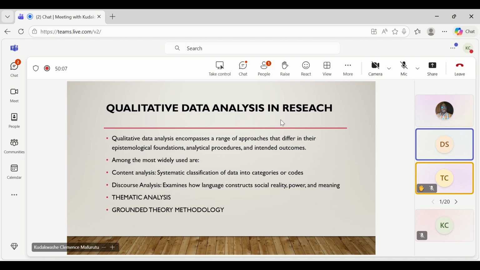This is also not to make confusion. It can also be numbered for easy and quick identification. You also have discourse analysis, where we examine how language constructs social reality, power, and meaning. Then we have thematic analysis and grounded theory methodology. Let's move on to the next slide.